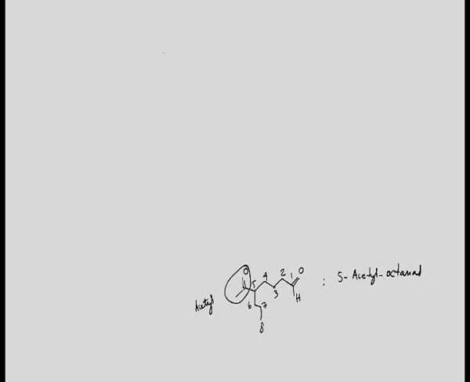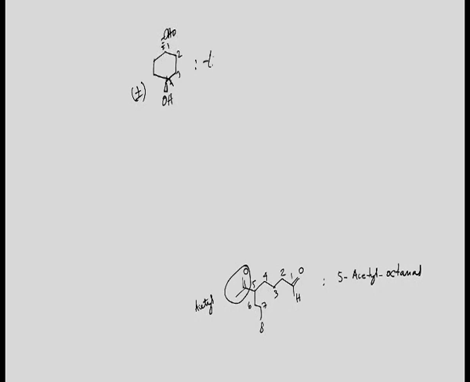Now, we will see some chiral compound. Suppose this compound, aldehyde. If this is racemic, just to tell the relative stereochemistry, this is the cyclohexane ring 1, 2, 3, 4.